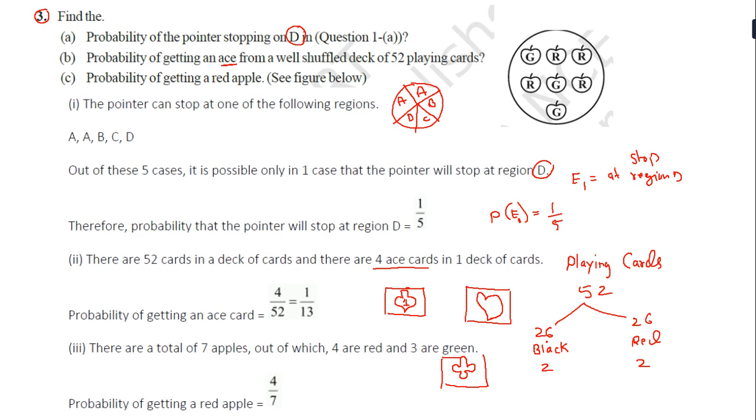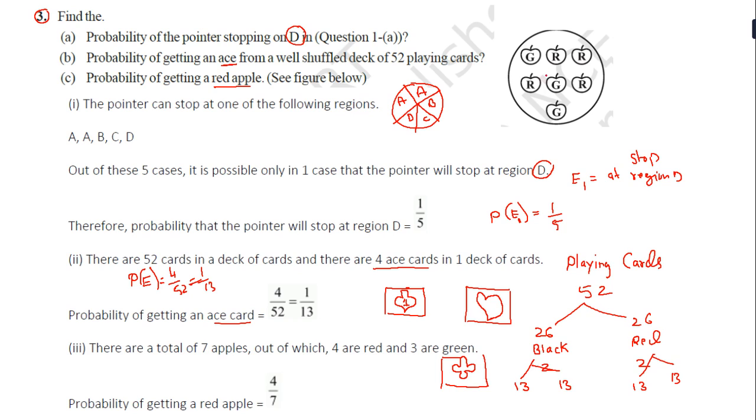So 52, 26, again 13, 13. So there are 4 total ace cards. So 4 upon 52. P(E) is equal to 4 upon 52, which means 1 upon 13. So the probability of getting an ace card is 1 upon 13.